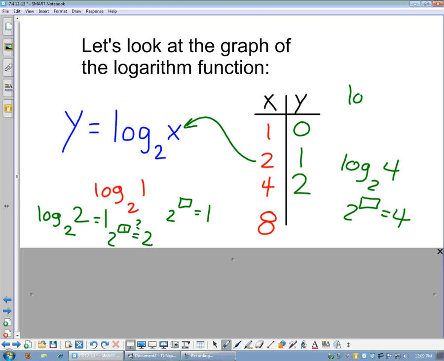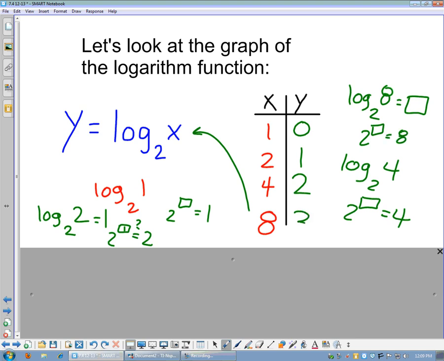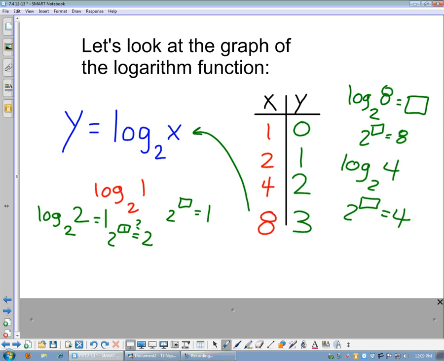How about log to the base 2 of 8? If I fill in the 8 for the x here, I'm going to have log to the base 2 of 8 equaling something. Well, 2 raised to something gives me 8. That's going to be 3. So I have a few points to plot. Let's plot one more. What about if we have 1/2 as an x?